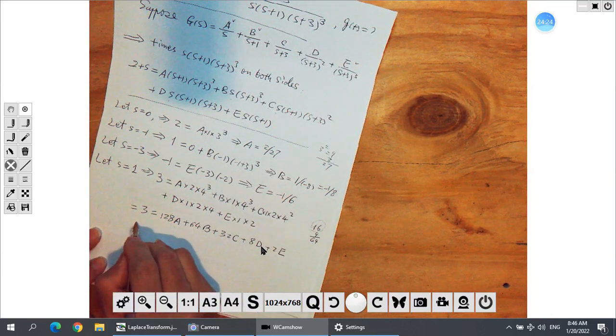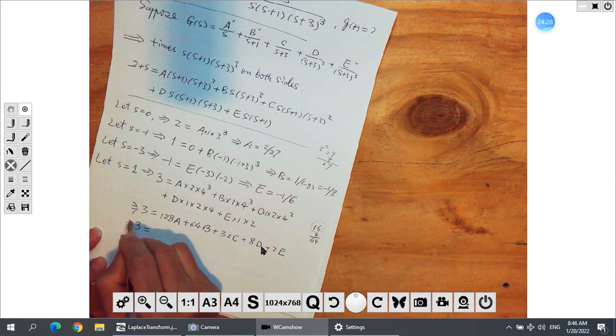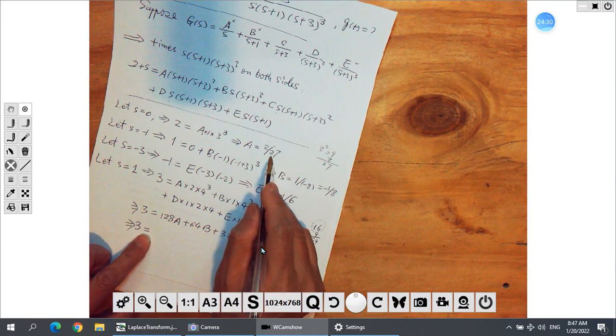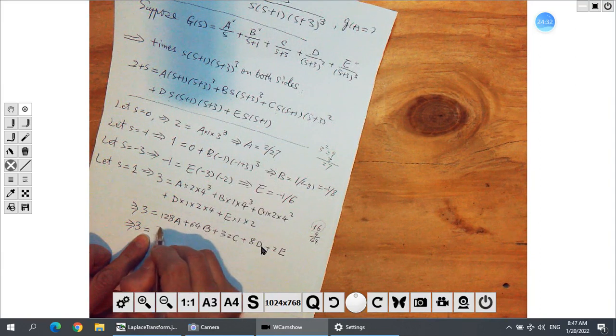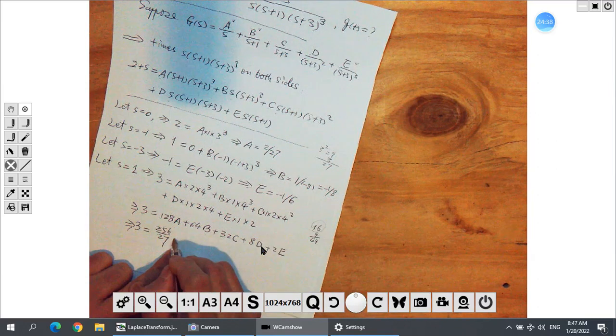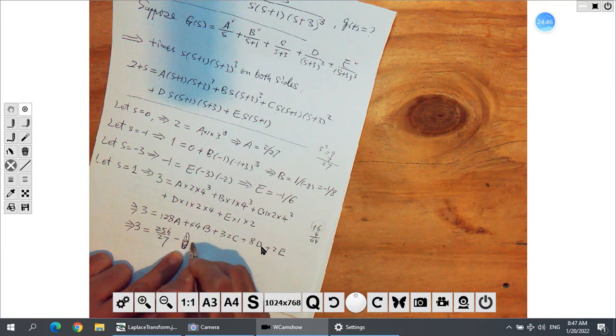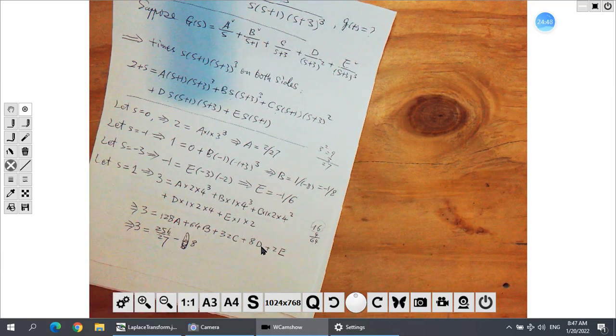I have 3 equal to, a is 256 over 27, and the b is negative 1/8. So 64 divided by 8, so another 8, right? No, positive. 64 over 8, I get 8, right?